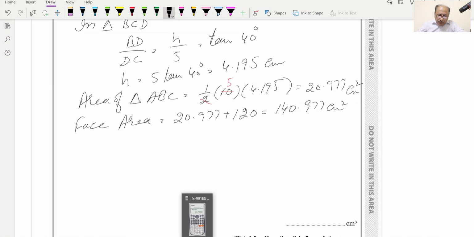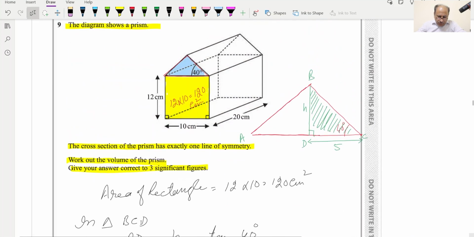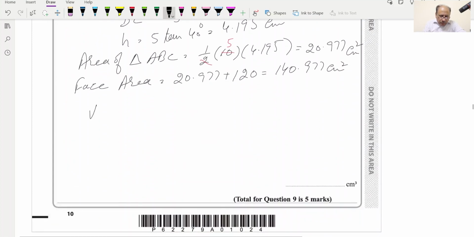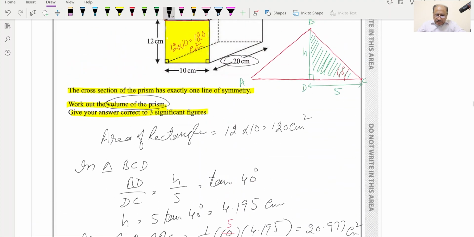So to find the volume, they are saying find the volume of the prism. So the face area, which we calculated, will be multiplied by the length, which is 20 centimeter. So volume will be equal to 140.977 multiplied by 20 centimeter.